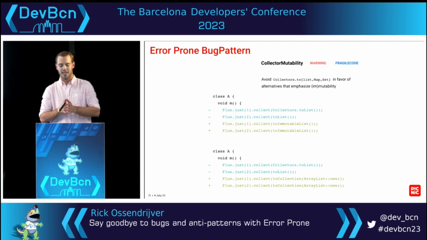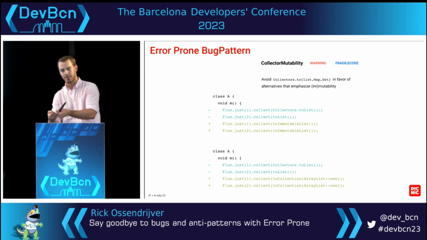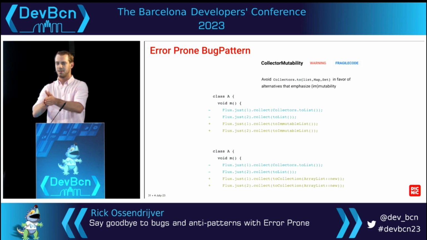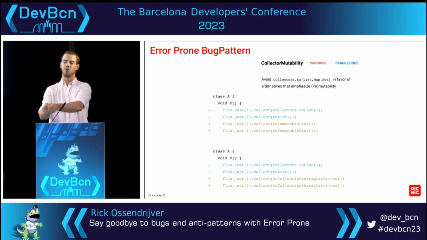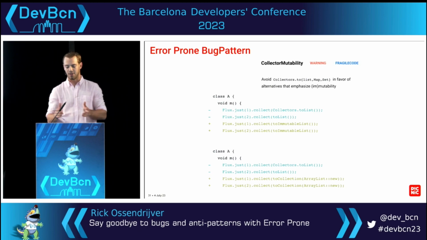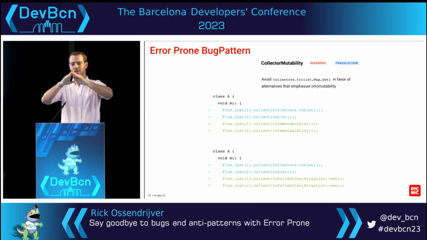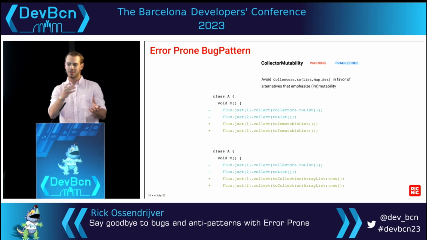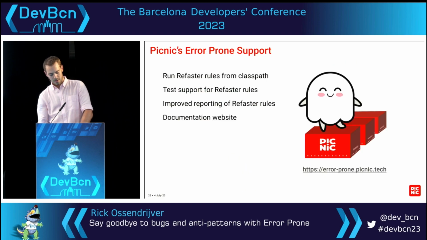So we say, instead of Collectors.toList, you probably want to use toImmutableList. But if you know what you're doing, or you have a specific case where you really need a mutable list, then you have to use the toCollection collector instead of Collectors.toList. So both are okay, but we rewrite it such that the preference is really to toImmutableList.